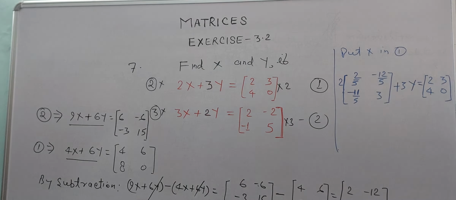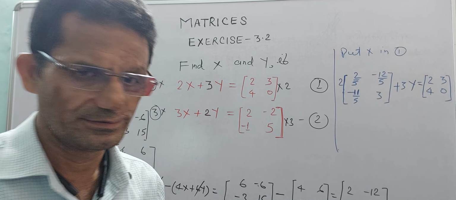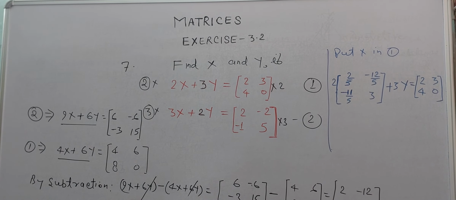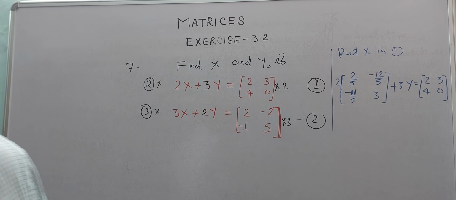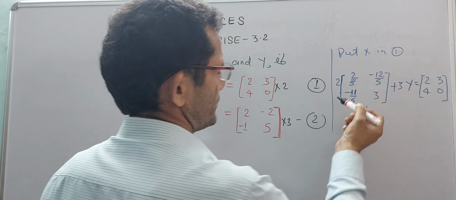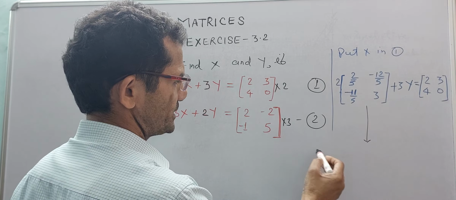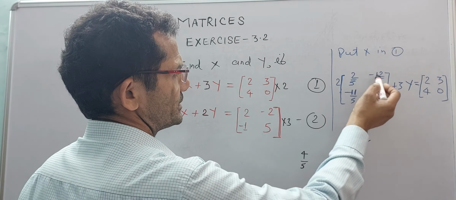So after putting the value of x in equation number one, if I simplify this, we will get the value of y. Now if I multiply each entry by 2, 2 into 2 is 4, so it becomes 4 by 5, and minus 12.